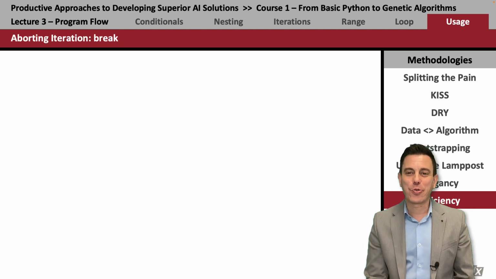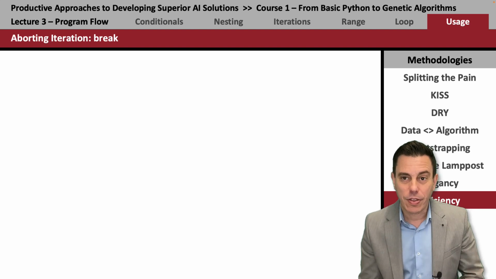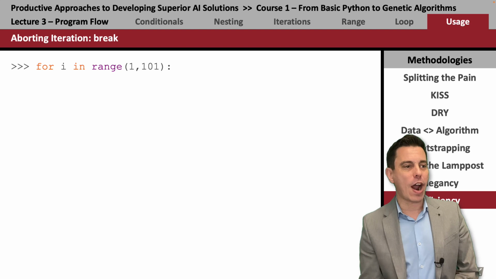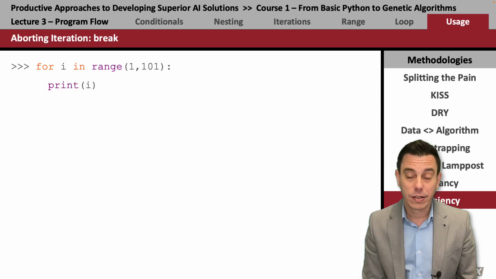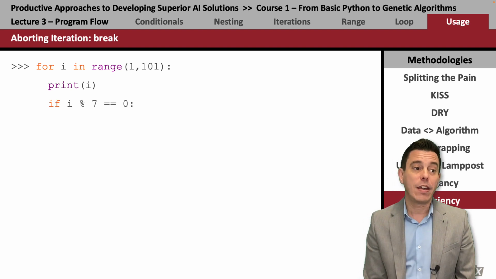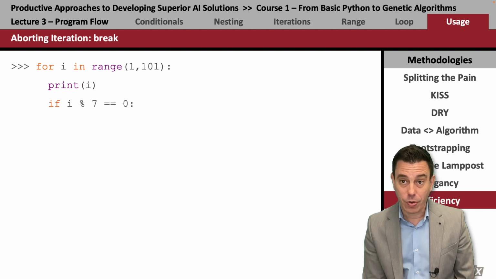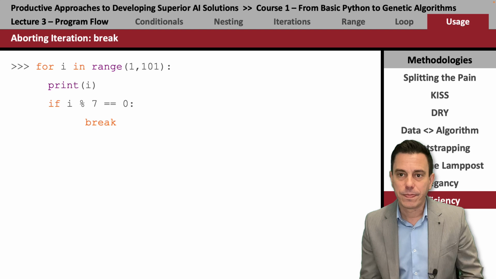Last thing I want to show you now is a small command called break. That breaks a loop. Let's go back to our loop for i in range 1 till 101. Just print i. But if i modulus 7 equals 0, so if i is divisible by 7, then break.